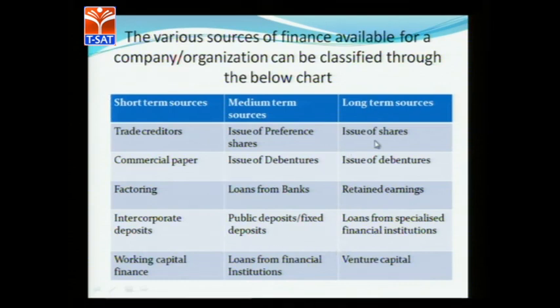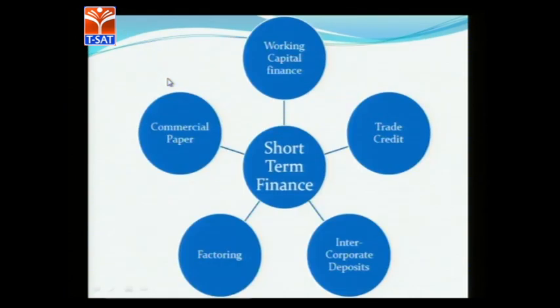And in long term finance, we have issue of shares and issue of debentures, retained earnings, loans from specialized financial institutions and venture capital. So, let us discuss one by one.